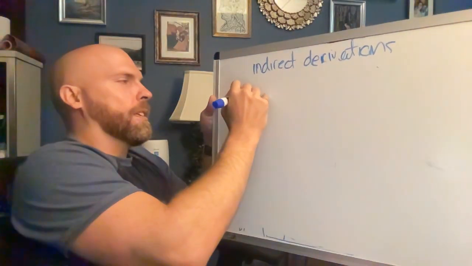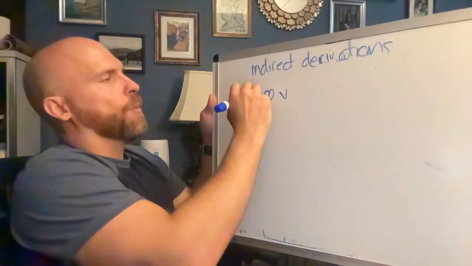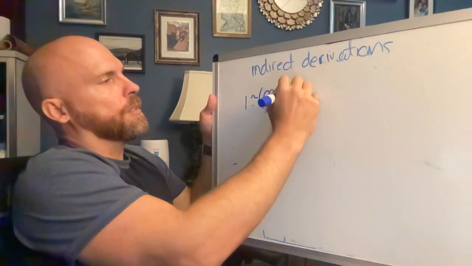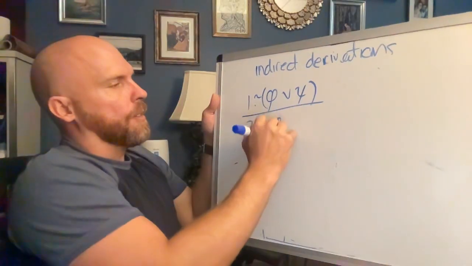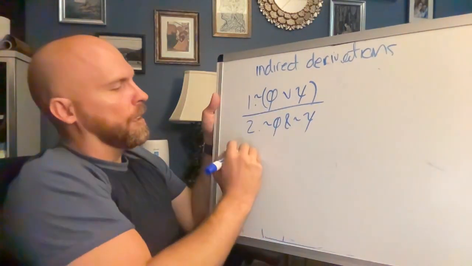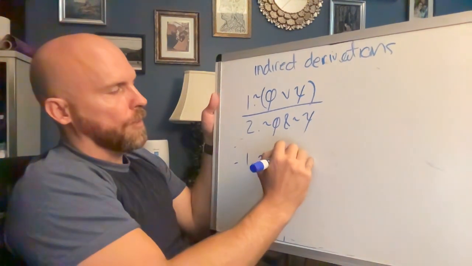Now, altogether, I'll just write them. You have De Morgan's, the different versions of De Morgan's. You have this. You can go the other direction.